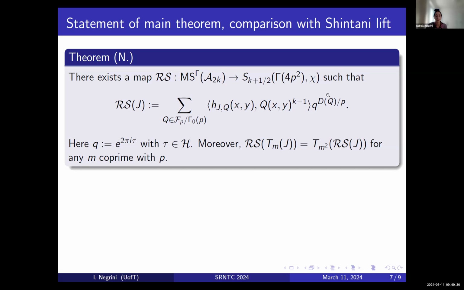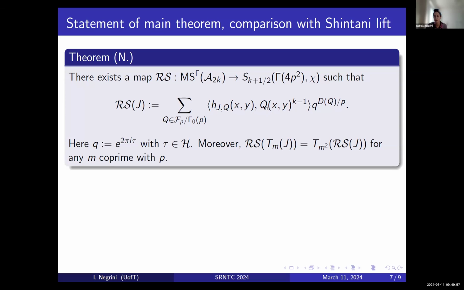Okay, so this is a q-series, and this stuff in the angle brackets is a number, the coefficient. And so we have q to an exponent, which is given by the discriminant of the binary quadratic form. And the coefficient is the pairing between the polynomial defined in the previous slide and the polynomial which is the binary quadratic form.